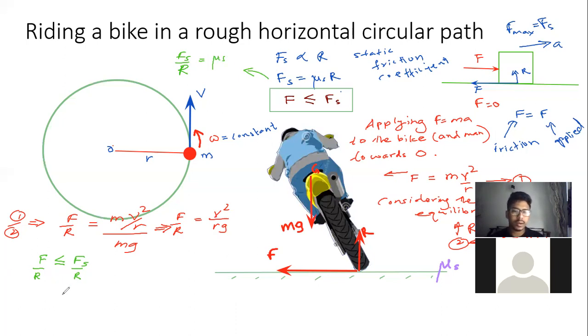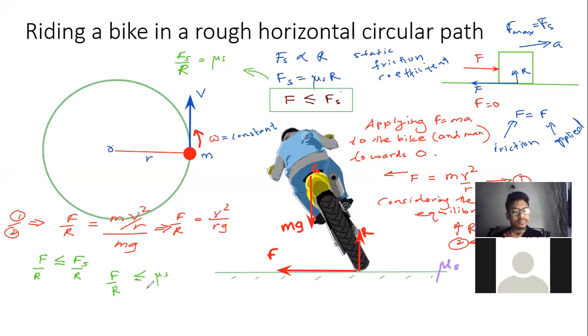So here now I can write F over R. Instead of Fs over R, I can use mu s. So F over R is always less than or equal to mu s, where mu s is the static friction coefficient of the road.